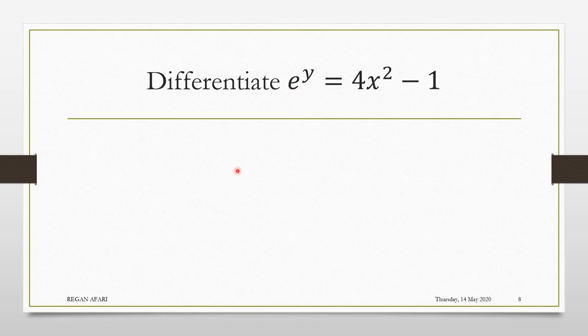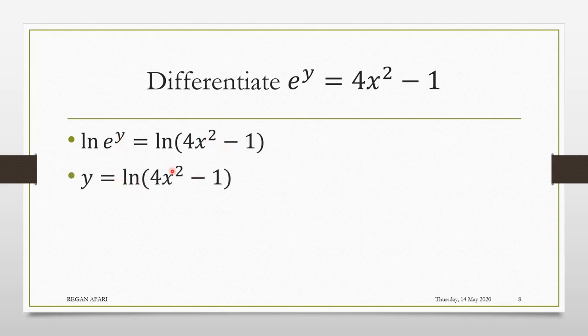The reason is that the natural log of e to the power anything, the answer is that thing. So we take the natural log of both sides, and the answer from here is y.